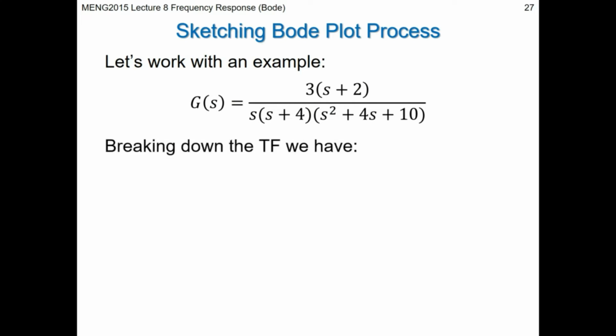So what are our elements in our transfer function here? Breaking down the transfer function, we definitely have a pure gain. We have a first order lead; it's on the numerator, so it's a lead. We have a pure integrator.